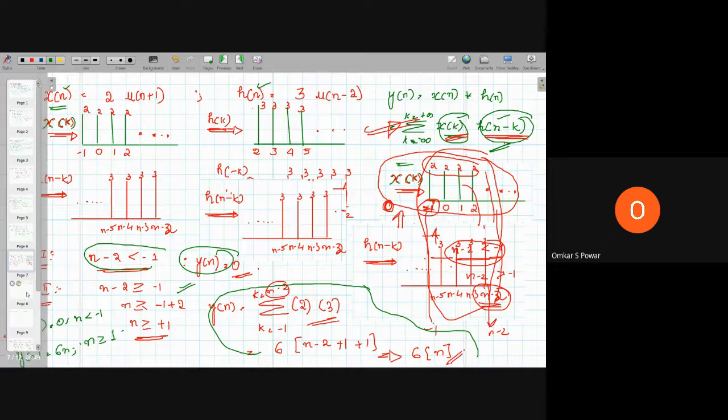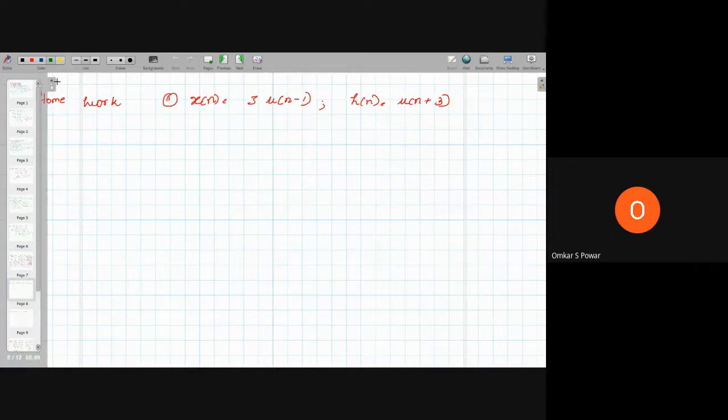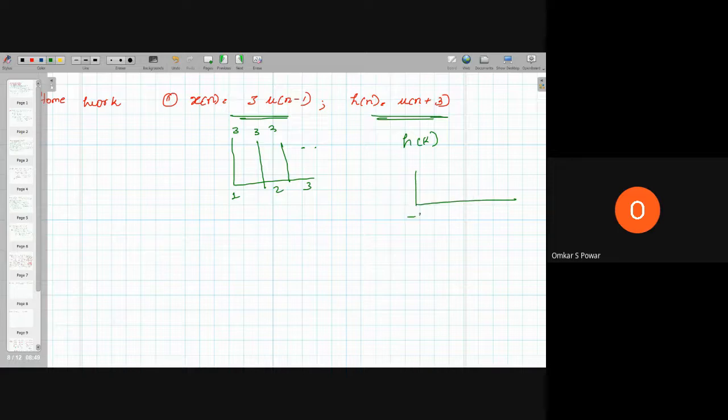Okay. Now using the same technique, for you there is a homework. x of n is equal to 3 of u of n minus 1 and h of n is equal to u of n plus 3. So no need to worry. So first you plot this one. How do you plot this one? x of k, 1 2 3. So there will be this 3 3 3 and h of k will be from minus 3 it will start.